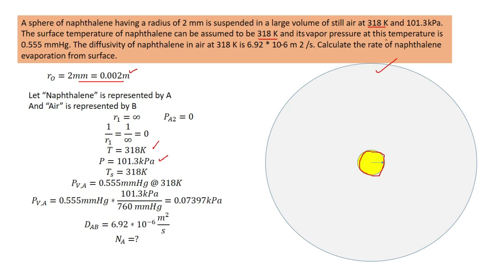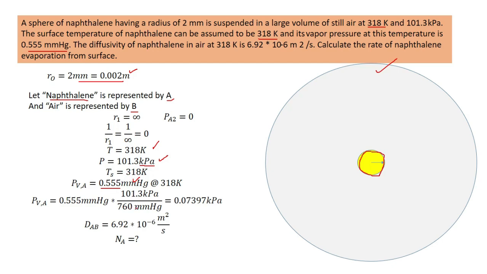Its vapor pressure at this temperature is 0.555 millimeter of mercury. I am representing the naphthalene by A, while air is represented by B. In order to make the units consistent, I am converting this mmHg into kPa.